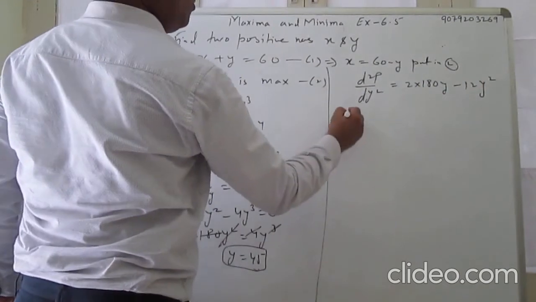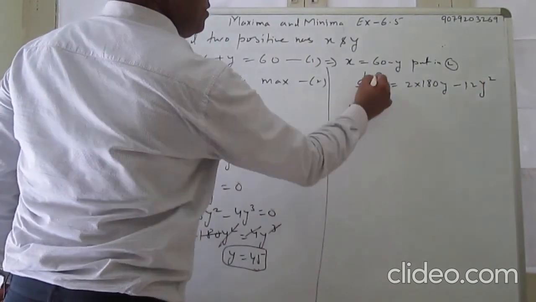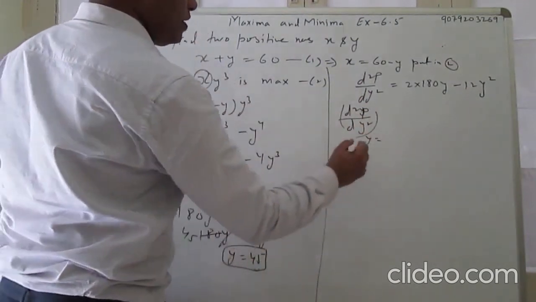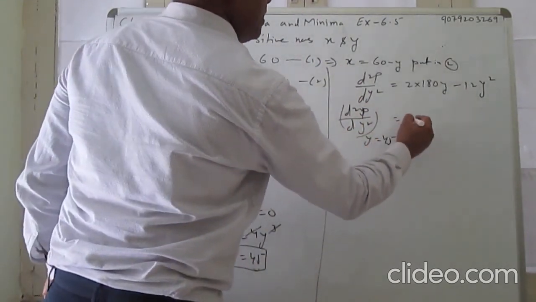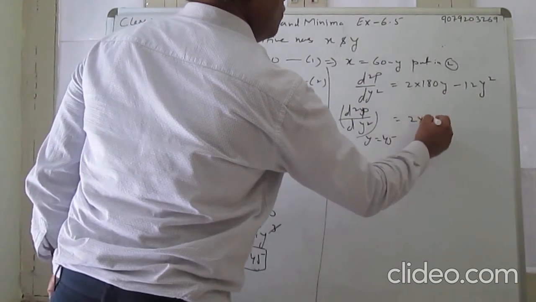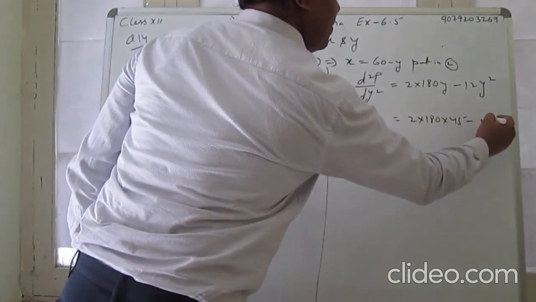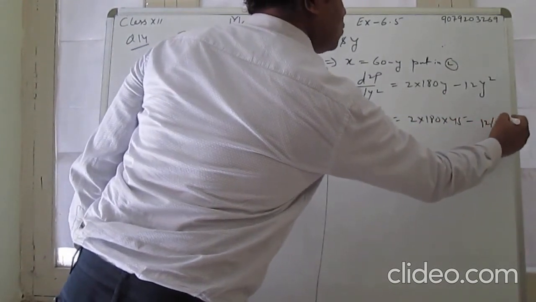Now d2P by dy square at y is equal to 45 becomes 2 into 180 into 45 minus 12 into 45 square.